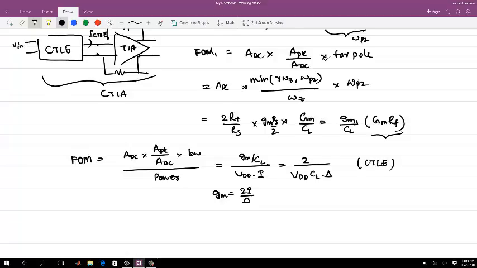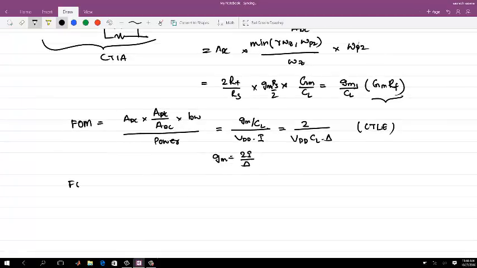Now for the second one, I have the same A peak by ADC and everything, which is actually GM1 by CL into GM RF by power, and I again want to spend the same amount of current in the system.